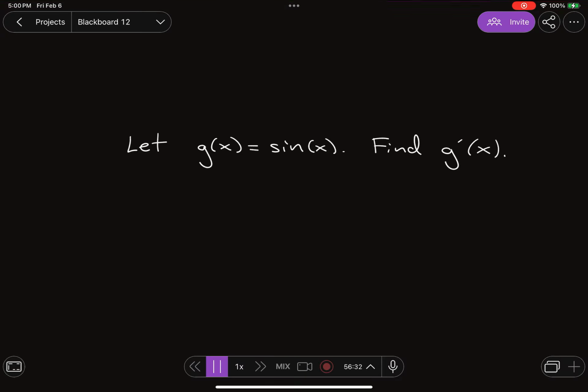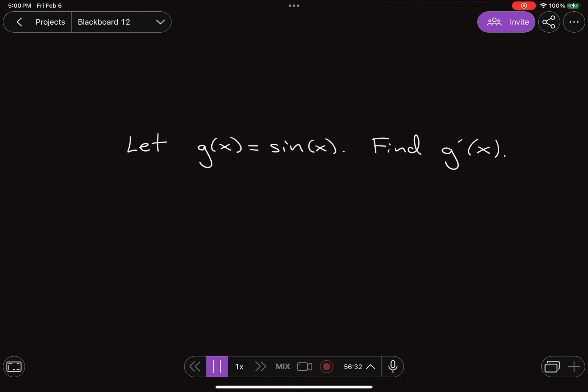Let's go up this time. Let g of x equals sine x. Then g prime of x is equal to, by definition, the limit as h approaches 0 of the sine of x plus h minus the sine of x, all divided by h.